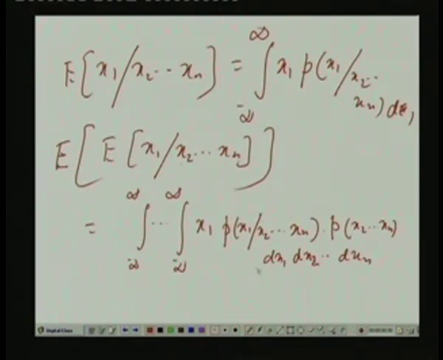It is because joint density can be written as p of x2 to xn subject to x1 multiplied by p of x1, and the first one when integrated with respect to the respective variables will become 1. So, we will be left with x1 multiplied by p of x1 integrated from minus infinity to infinity with respect to x1, that will give rise to the expected value of x1. Since we have done similar things in the past, I am not getting into those lines. Okay.